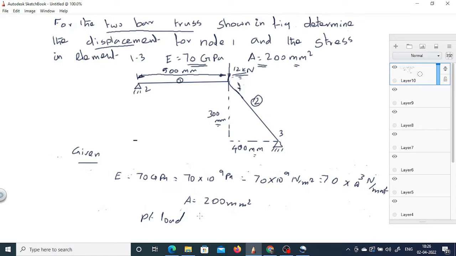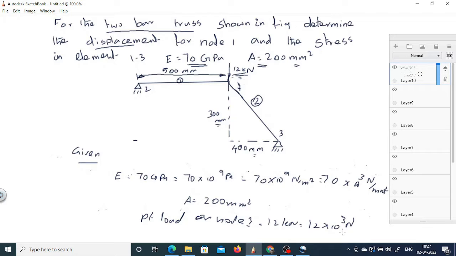The point load acted on node 1 is equal to 12 kilonewton. The 12 kilonewton is a large value, so we convert that into Newton, so that 12 into 10 cube Newton. Likewise, we convert the units of the available problem data. After that, we slowly move to solve the problem.